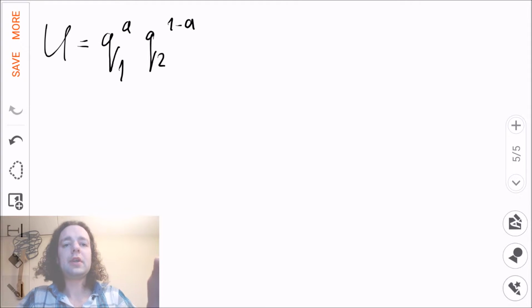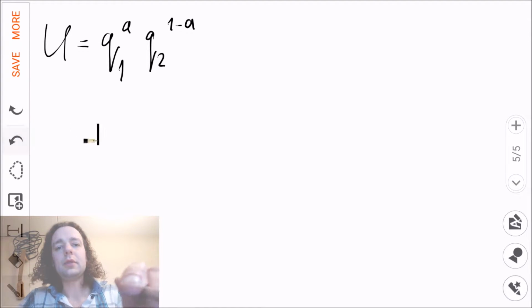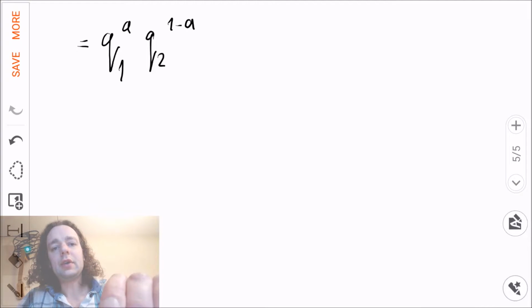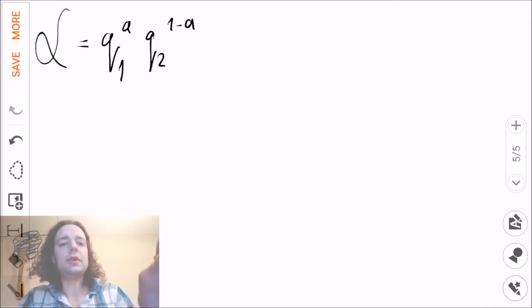So I started afresh with the utility function, and the first thing I want to do is add the budget constraint. So instead of simply writing the utility function, we add the budget constraint, and then we call this thing the Lagrange. So we add the budget constraint plus the lambda.